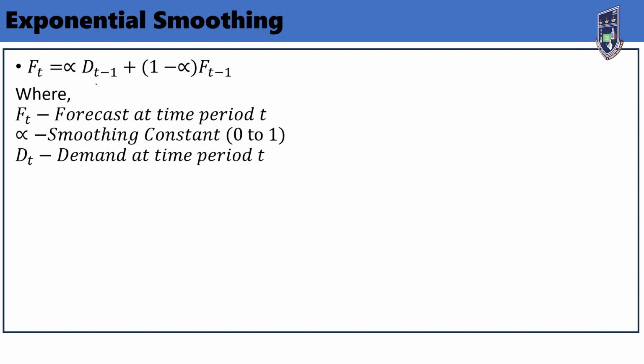Now, let me take F t plus 1. F t plus 1 will be equal to alpha D t plus 1 minus 1, which is D t, plus 1 minus alpha into F t plus 1 minus 1, which will again be F t.